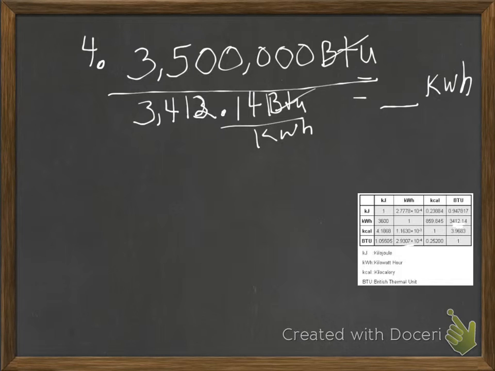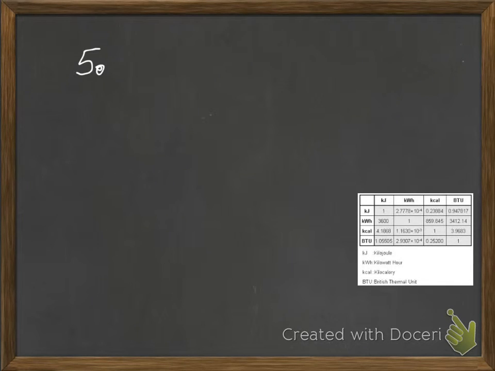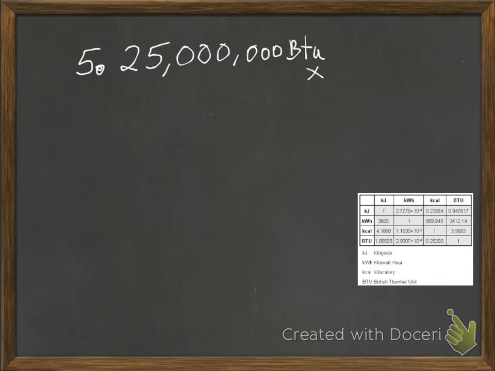I'm going to set us up for the next problem, and we'll just keep working through. Alright, so question number 5 is how many kilowatt hours can I get from a ton of coal? And a ton of coal, according to my chart, is 25 million BTUs. So based on the timesing method, I'm going to do 25 million BTUs times my setup for BTUs to kilowatt hours, which is down here.